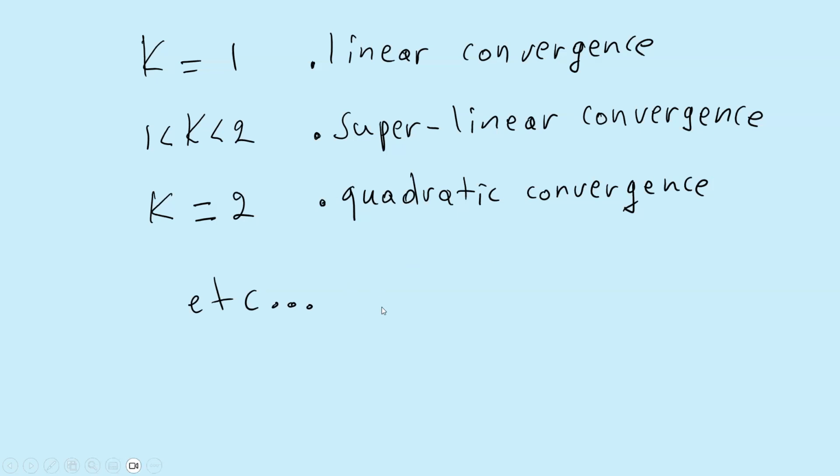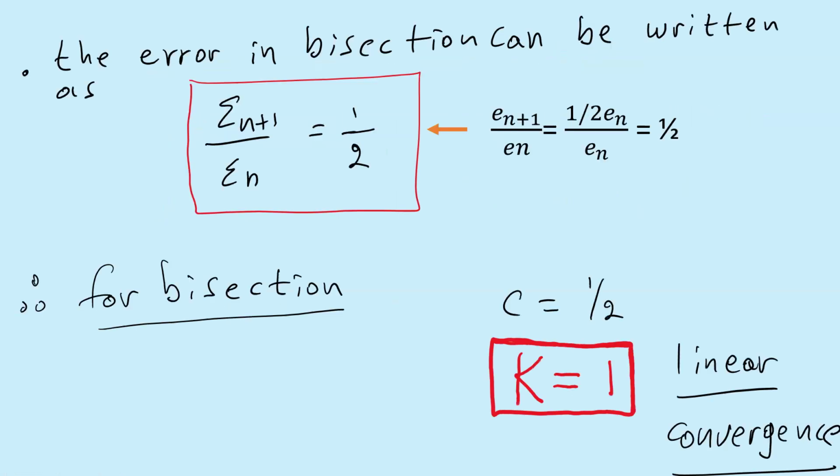Let's find the order of convergence of the bisection method. The error in the bisection method we can write in this format.